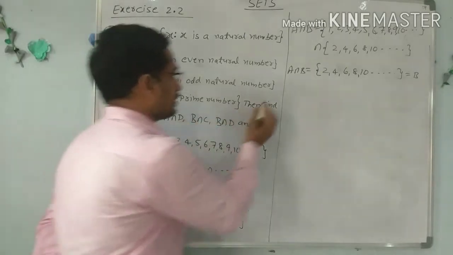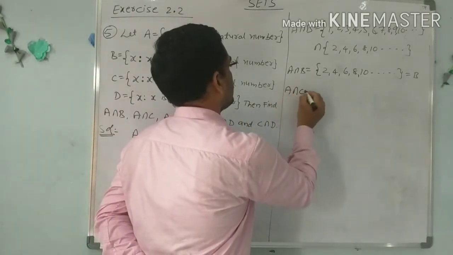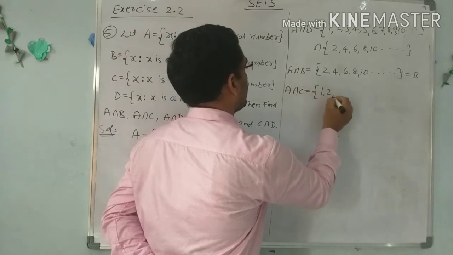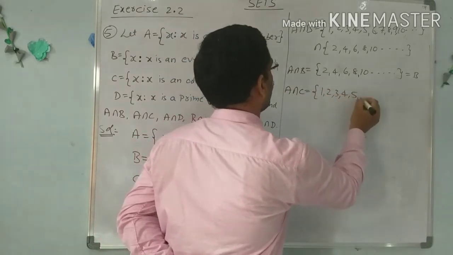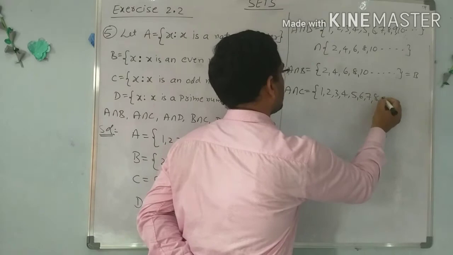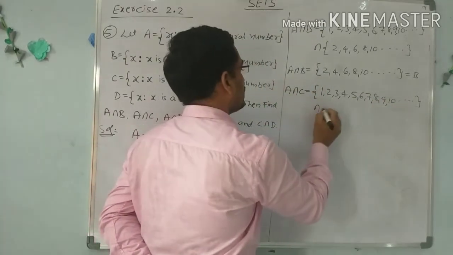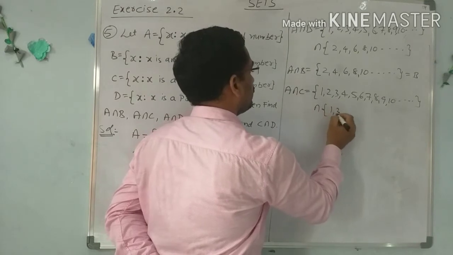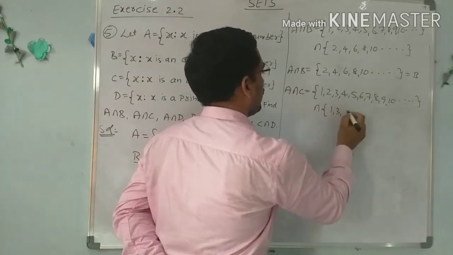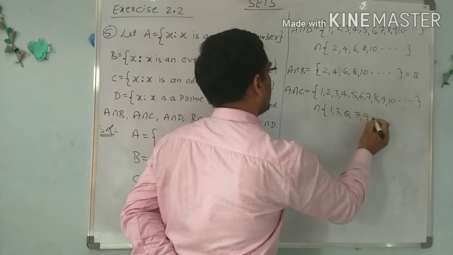Next, A intersection C. Write the elements of A: 1, 2, 3, 4, 5, 6, 7, 8, 9, 10 and so on. Intersection, the elements of C: 1, 3, 5, 7, 9 and so on.